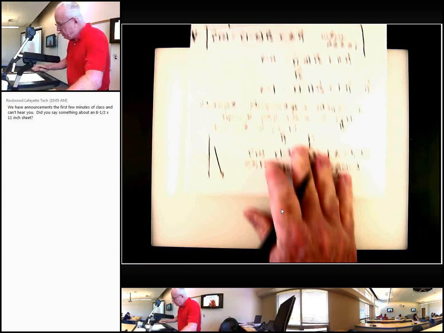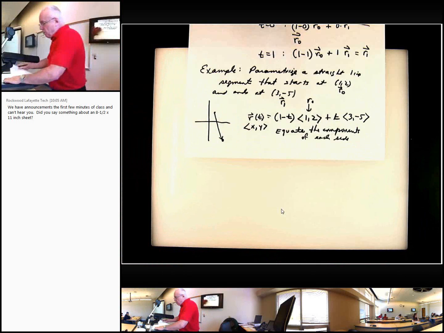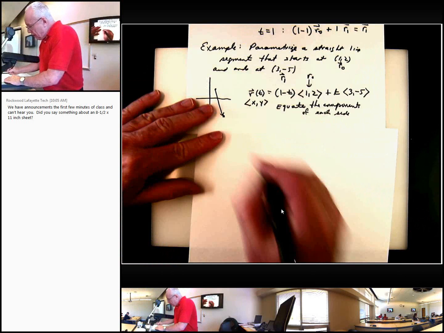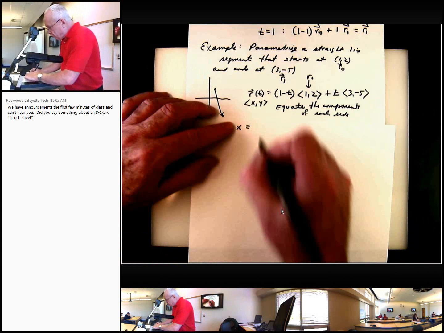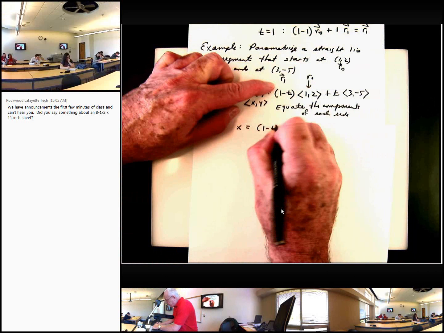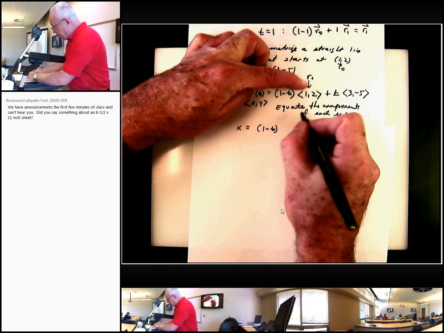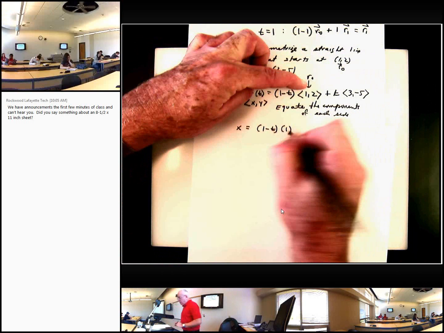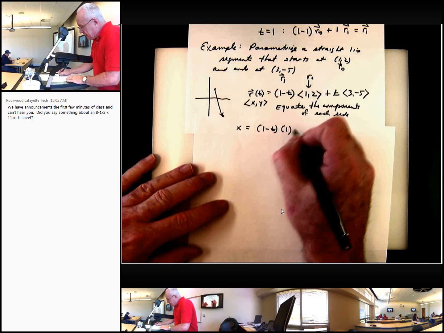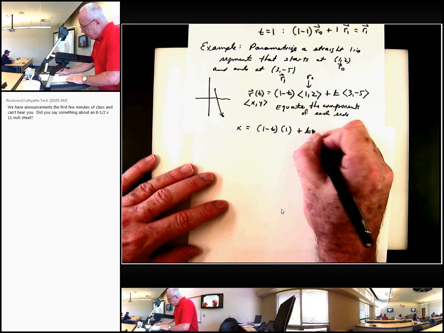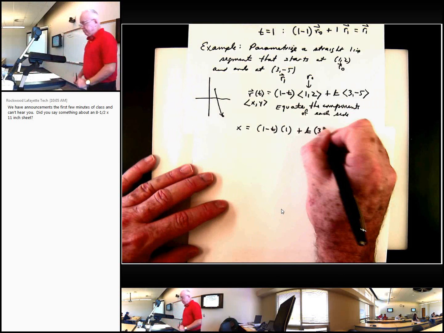All right. So I'll start with the x then. So I'm using the first component. So x is equal to, okay, I have a 1 minus t. That's a scalar. That's not a vector. And I multiply it by the first component of R0 plus t times the first component of R1.